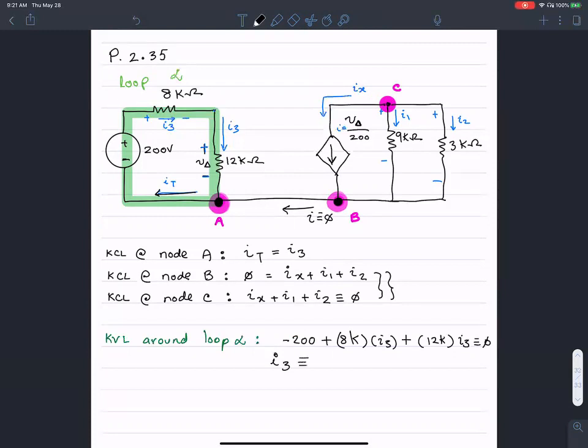So that should give me a value for what value for I3? I believe it's 0.01, which is 10 milliamperes.